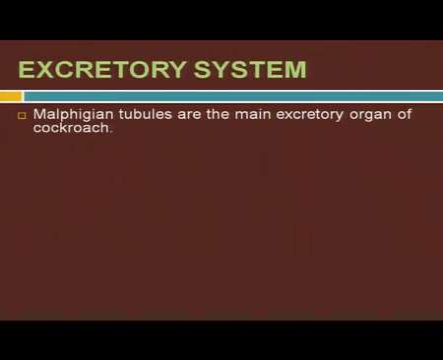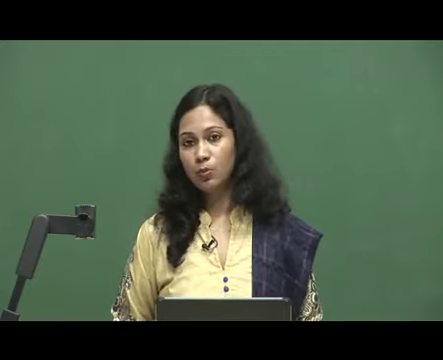The excretory system, we have also mentioned the excretory feature of cockroach when we were studying the alimentary canal of cockroach. We saw that at the junction of the midgut and the hindgut, there are yellow tube-like bodies which are known as Malpighian tubules. These are the main excretory organs of cockroach.